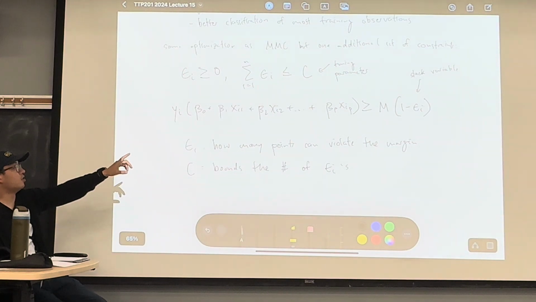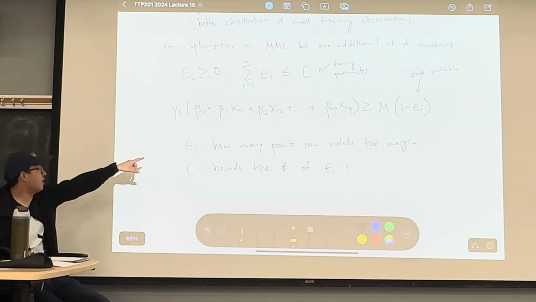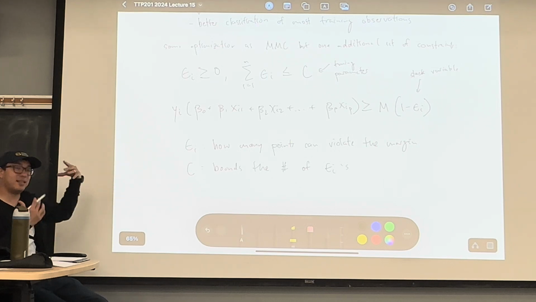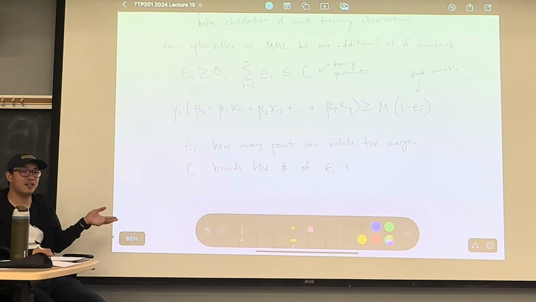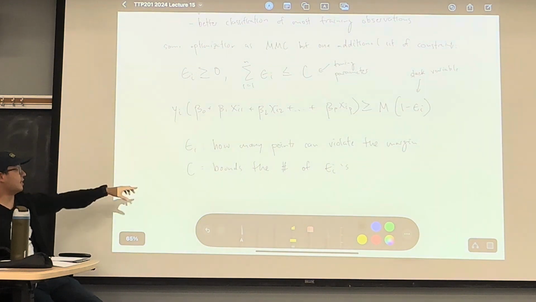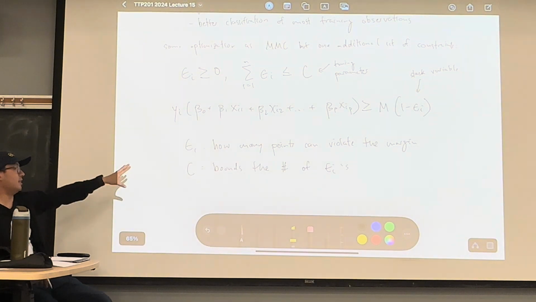But if I add a slack variable, then if epsilon i is larger than 0, you can see the M term actually decreases in size. It's multiplied by 1 minus something, right? That essentially allows this classifier to not perfectly separate all of the points. And then C is a generic tuning parameter that is a bounding limit on what your epsilon i would be.